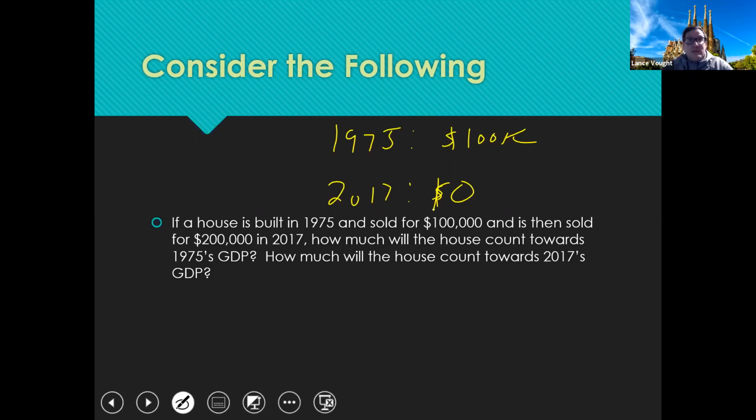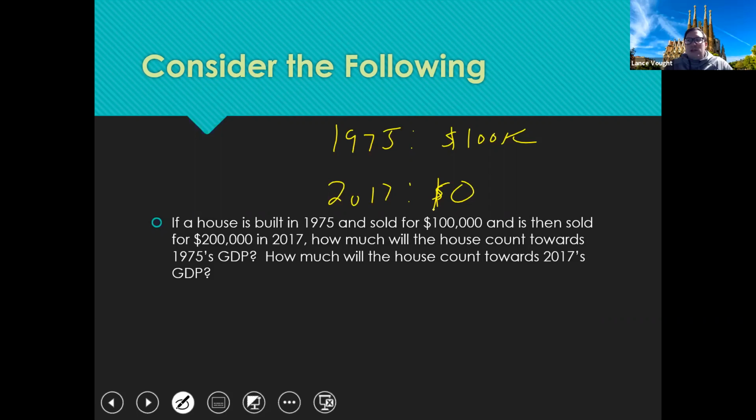So that's the difference. If you don't make any sort of improvements or work on it, and it just merely increases in value because of time or inflationary reasons, it has no impact on GDP. So for this answer, it's 0 for 2017, as 1975 would be 100,000.